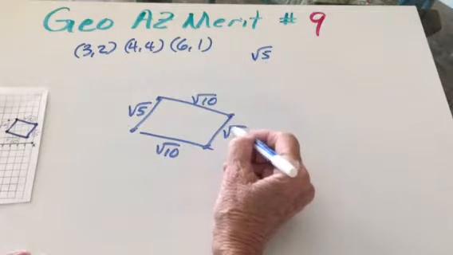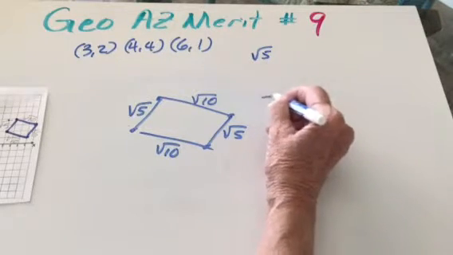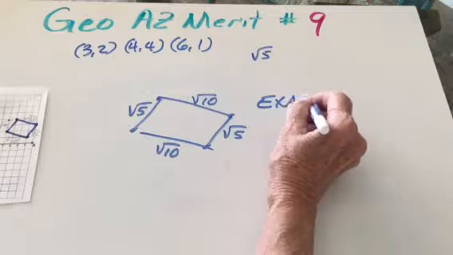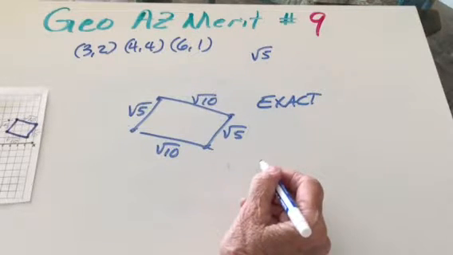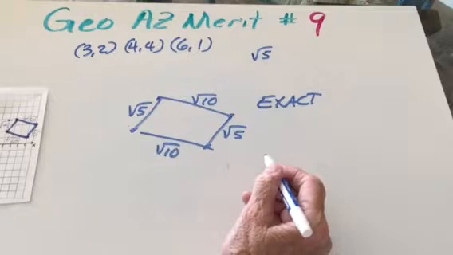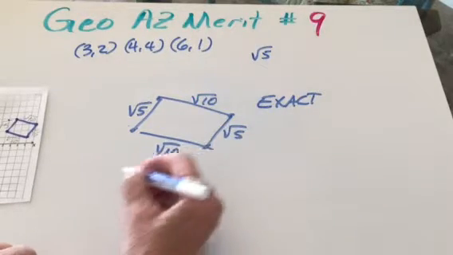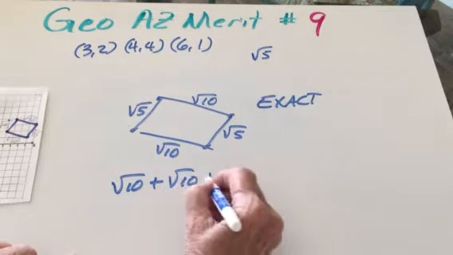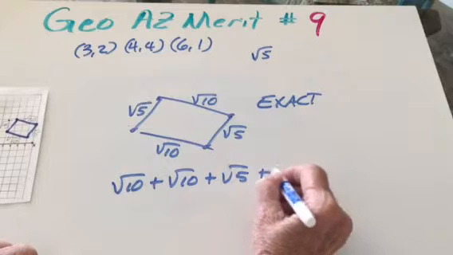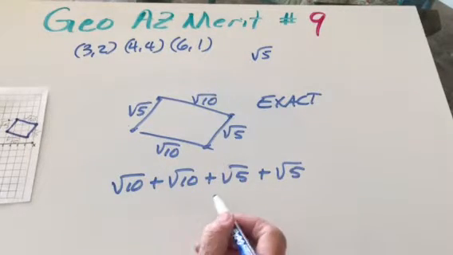Well, unless I use a calculator, but the problem is they're asking me for the exact answer. That means I can't do it in the calculator. Well, how do I do this? Well, this is what I do. I say the answer is radical 10 plus radical 10 plus radical 5 plus radical 5. That's the answer.